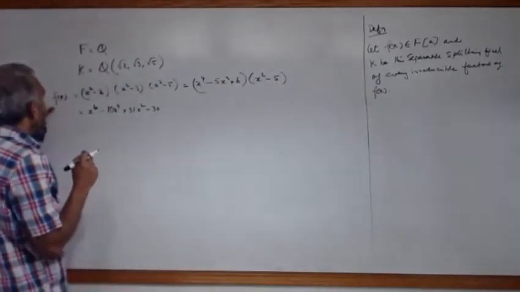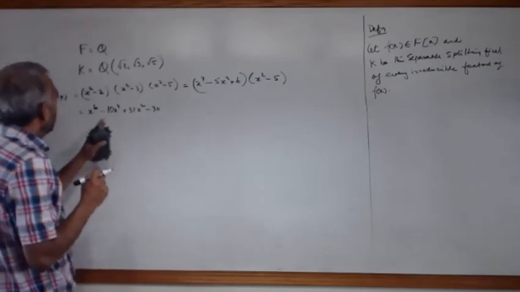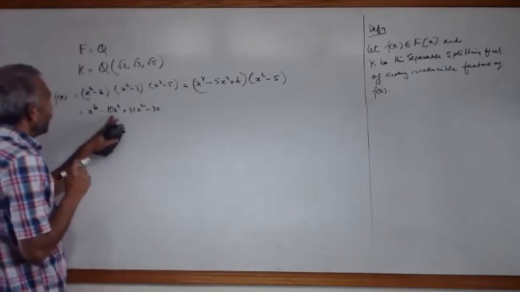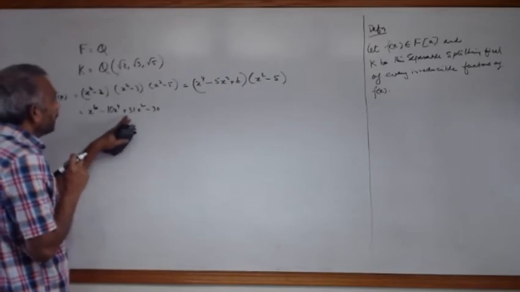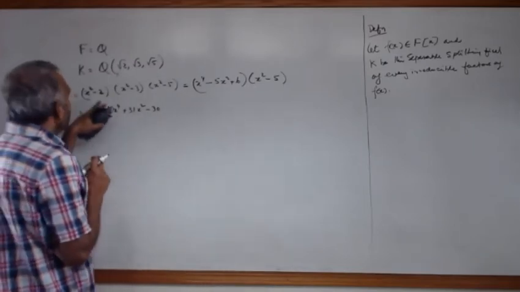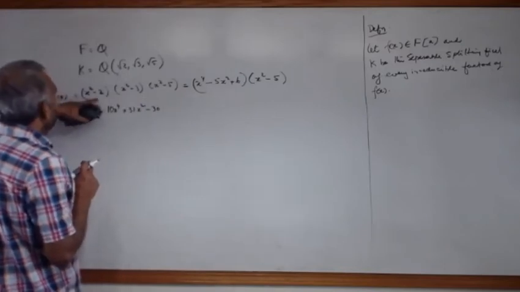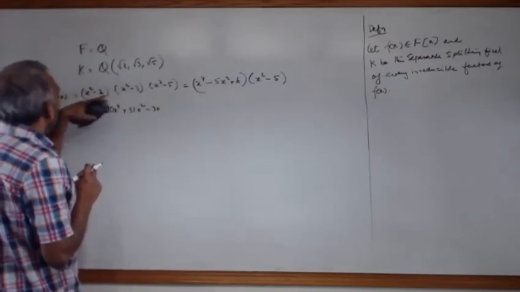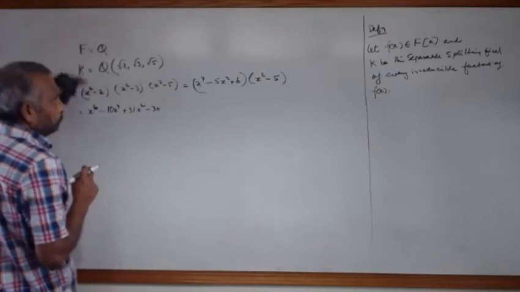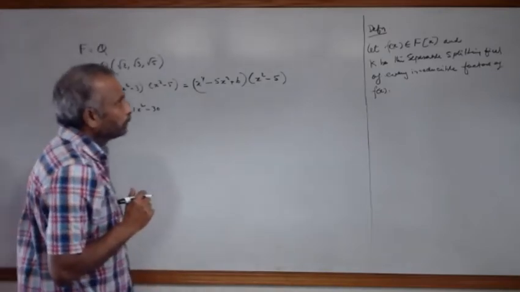So in here, f of x is x to the power of 6 minus 10x to the power of 4 plus 31x squared minus 30. The irreducible factors are these. So K is the splitting field and it is a separable extension of Q for this polynomial.